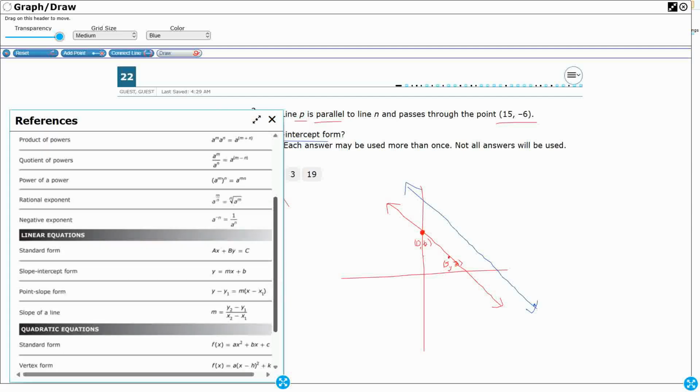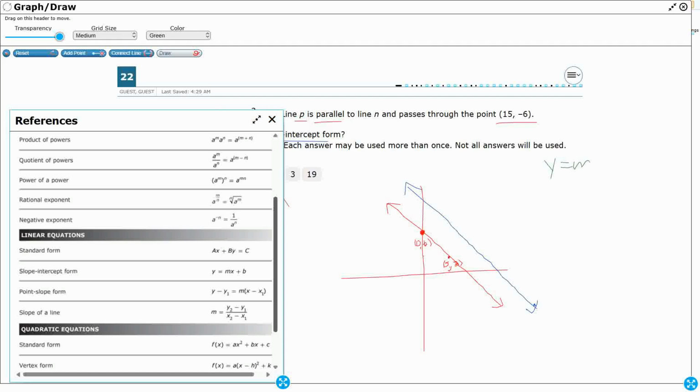We need y equals mx plus b. We're also going to need this point-slope form: y minus y1 equals m times x minus x1. Because if we're only given a point and a slope, we're going to need that to figure out what that b is.